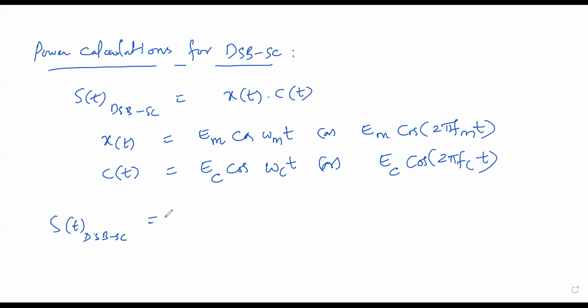So here, for double sideband suppressed carrier, we have x of t, which is Em cos 2 pi fmt into Ec cos 2 pi fct.